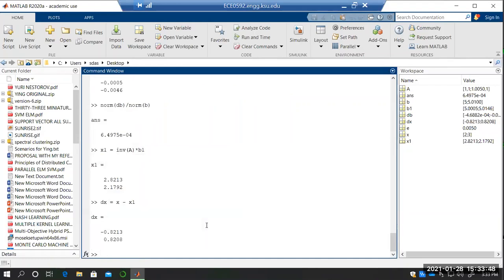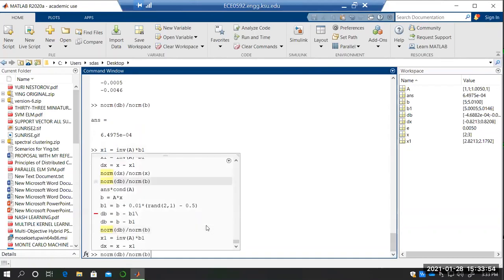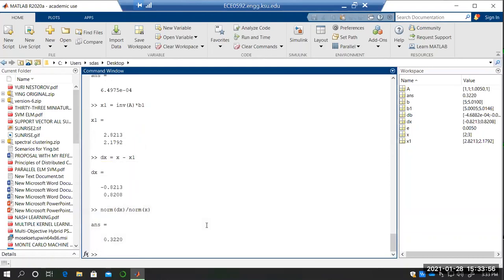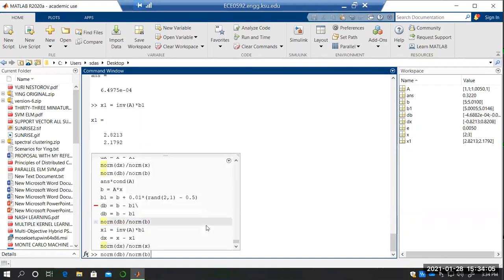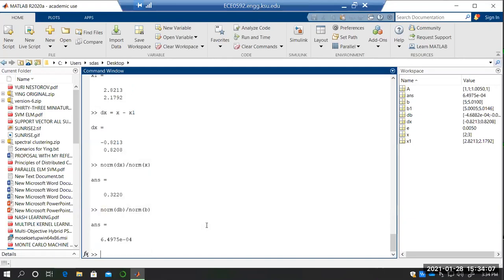No, it's not that bad. The norm, this is the fraction error in X. And the fraction error in B is much less. But what's the condition number of A now? 800.